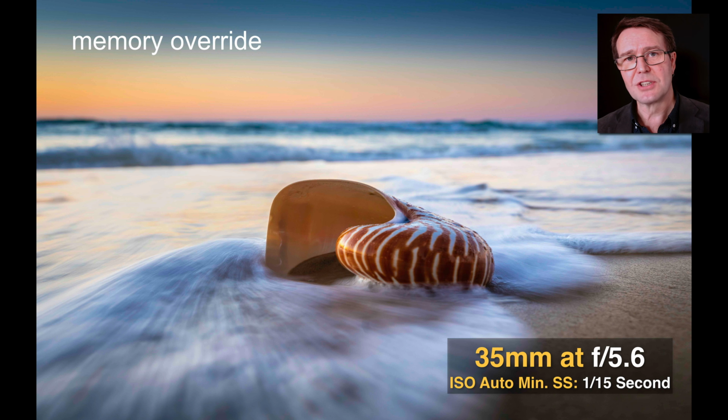So I would again just take one shot with the starting point, and then as I take a subsequent shot, I'll start modifying those settings. If I have modified any of those settings and I just need to go back to the default, I just need to turn the shoot mode dial away from my memory preset and then back, and again the default settings that I've registered in will start.